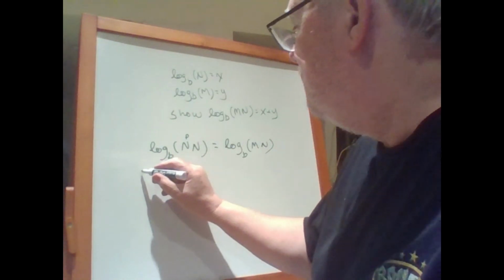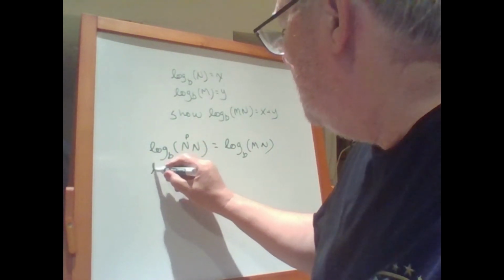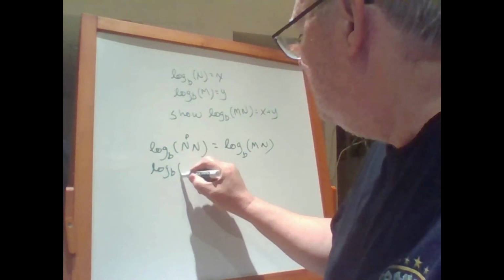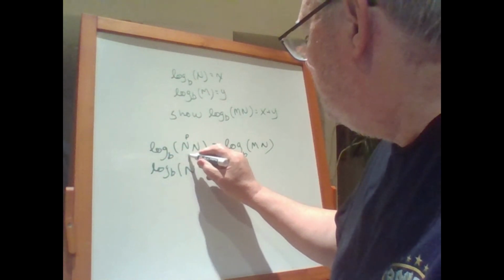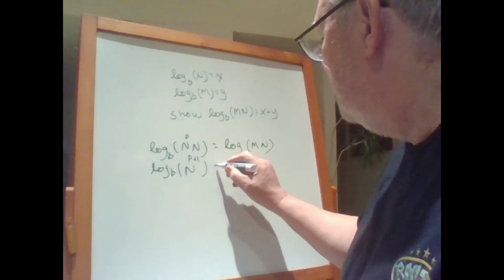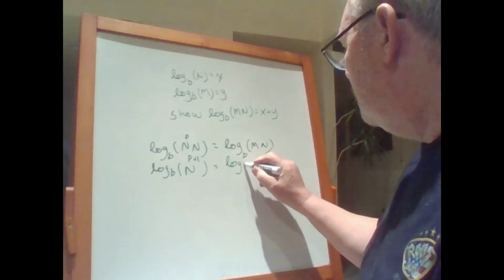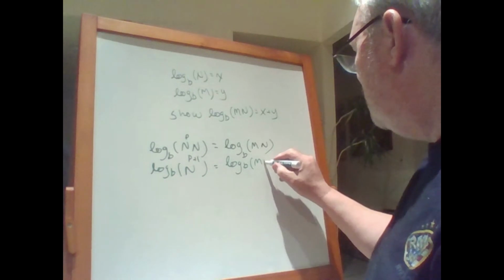So this is log base b of n to the p plus 1 equals log b of m times n.